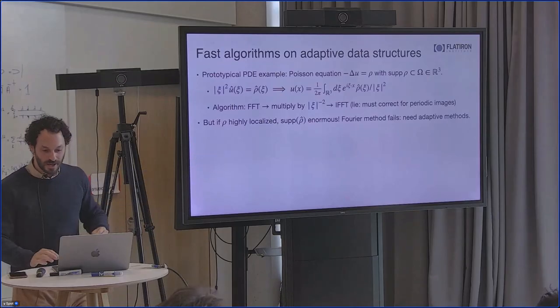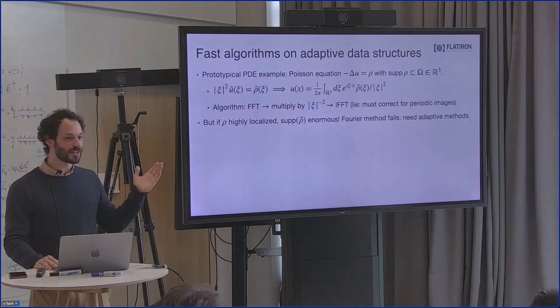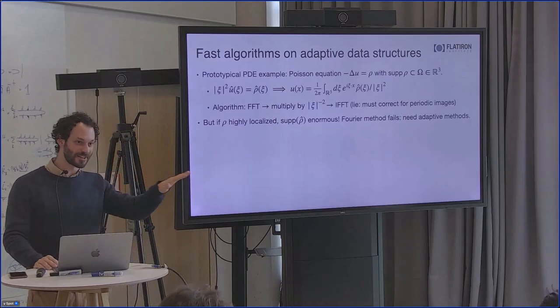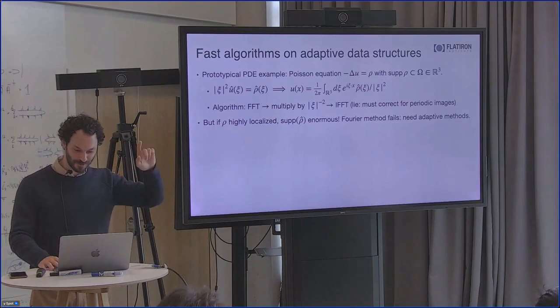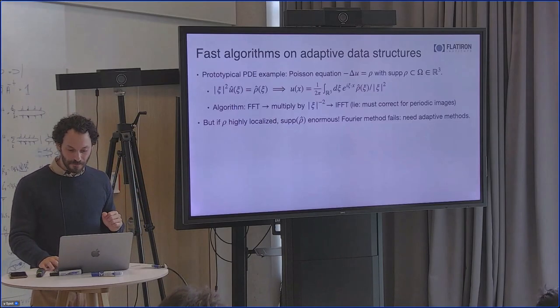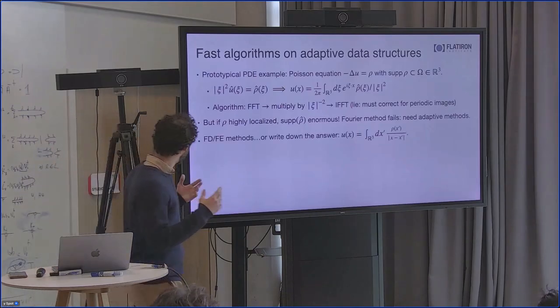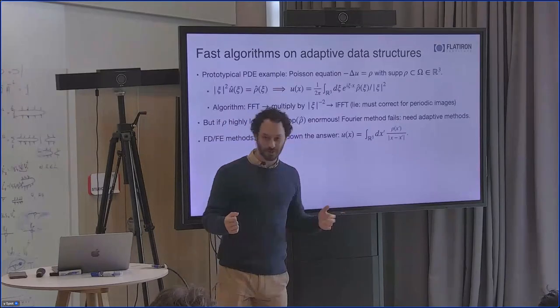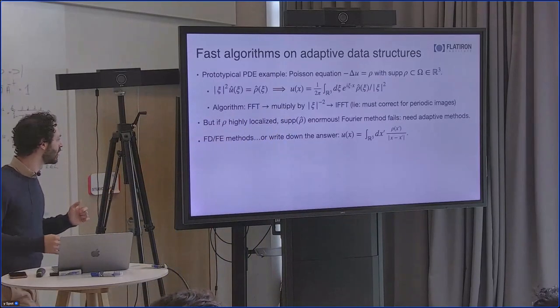Okay, and there's something called the non-uniform FFT. So you might think that fixes this problem. It doesn't. This is a problem of Fourier analysis. The non-uniform FFT is a wonderful algorithm. It's not for this. You need adaptive methods. So of course, there are finite difference and finite element methods, which is what the vast majority of the world uses.